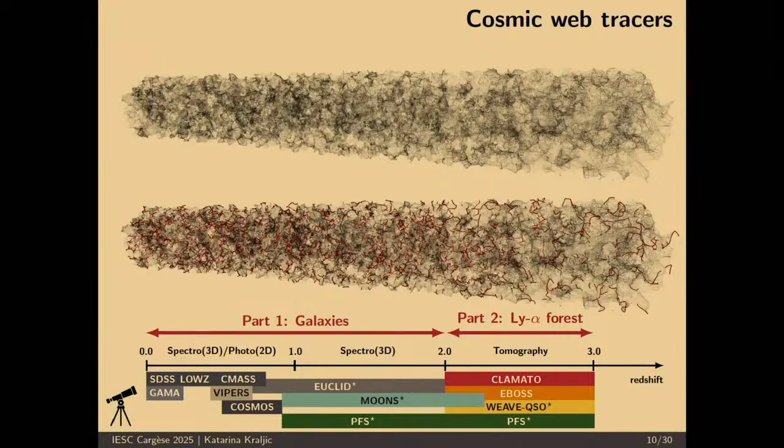I have now 2 parts where I wanted to give you just so that you know how we extract the cosmic web from galaxy surveys, and how we do that using the Lyman alpha forest. But I have 30 minutes. And that would be the rest of this talk.